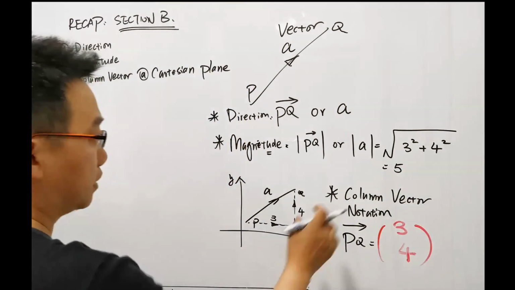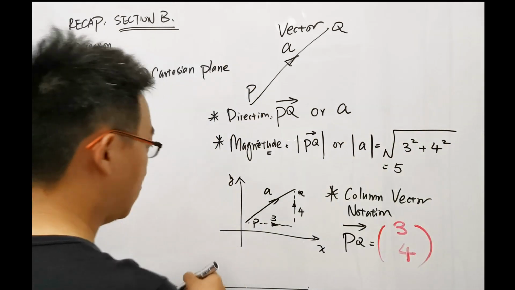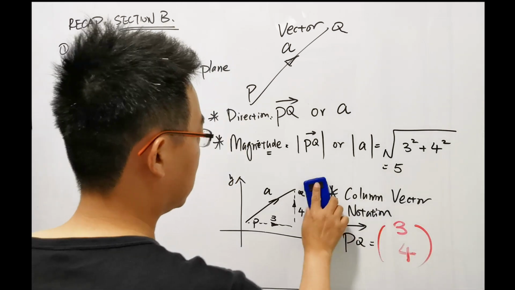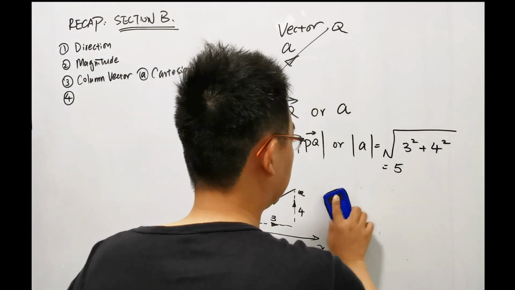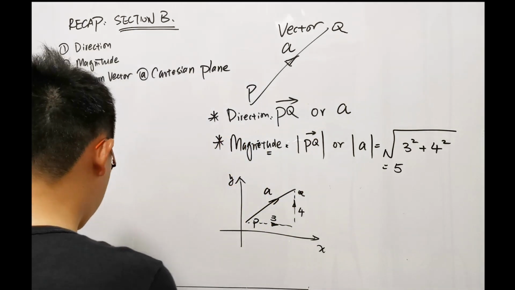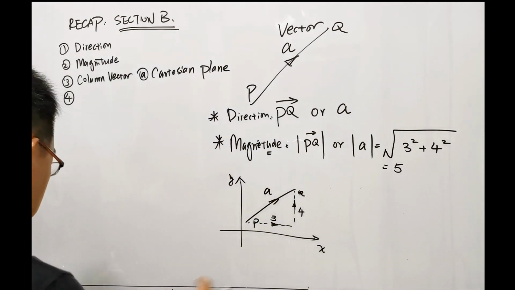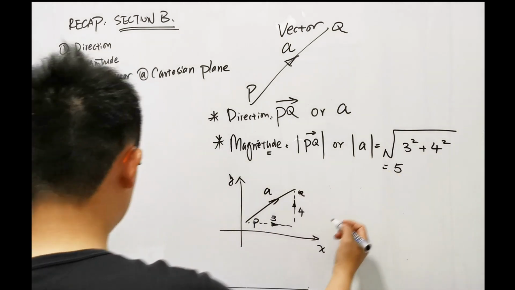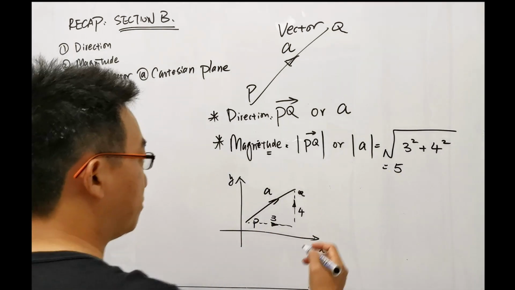So how do we work out these items? Let's check out this thing here, and here we use the Pythagoras theorem.